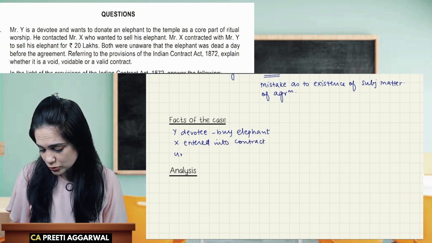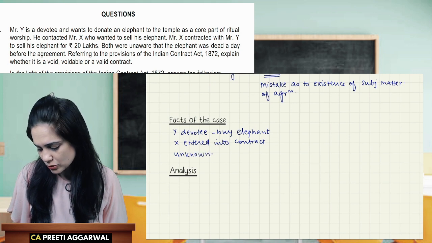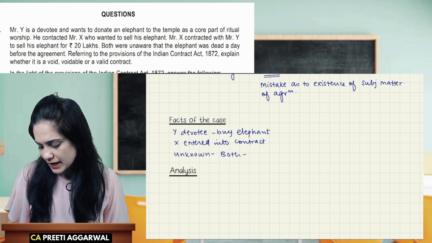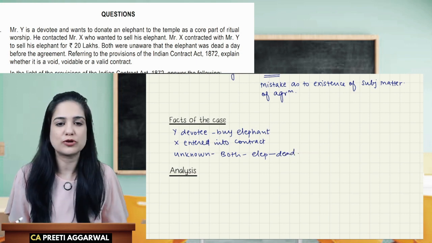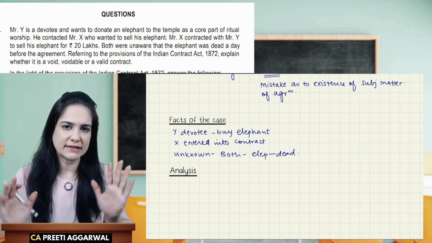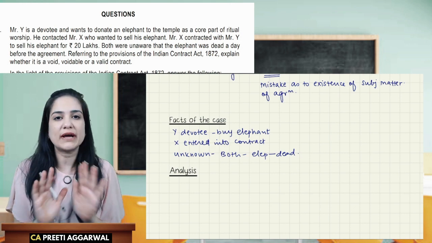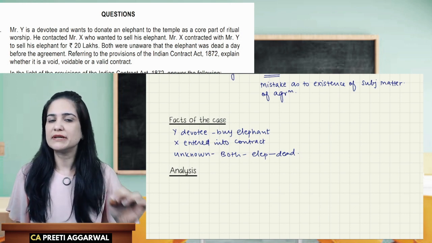But unknown to both of them, the elephant was dead. I'm just writing pointers. You can elaborate later. Unknown to both of them, the elephant was already dead at the time of agreement. That is it. You don't have to write anything else. The solution will be written in the analysis part.